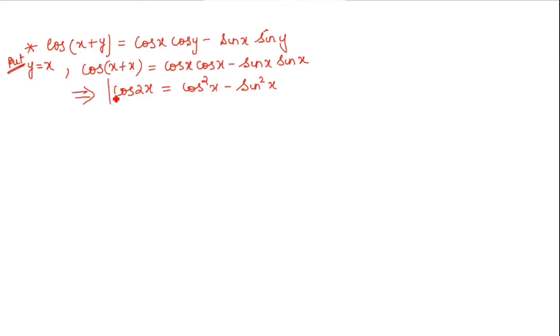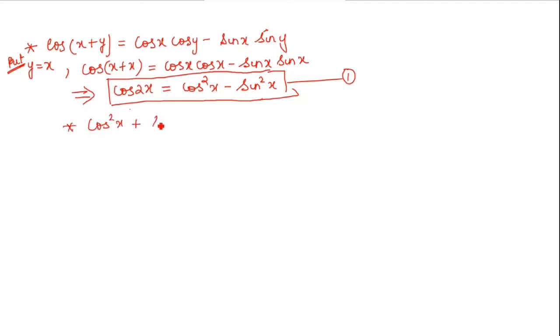Okay, so this is the first formula which we got from the cos x plus y formula by substituting y equal to x. So call this the first formula of cos 2x. Now I know the identity cos square x plus sine square x is equal to 1.